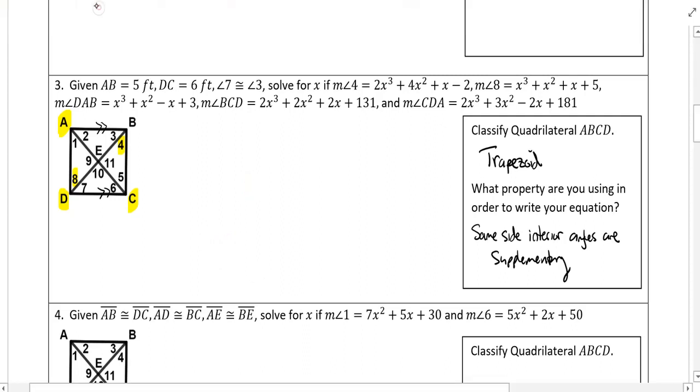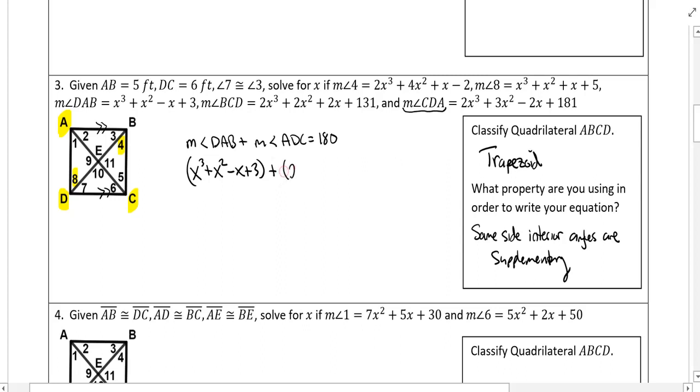So I get that the measure of angle DAB plus the measure of angle ADC is 180. DAB is x to the third plus x squared minus x plus 3. I'm going to add that with ADC, which is CDA, same thing.